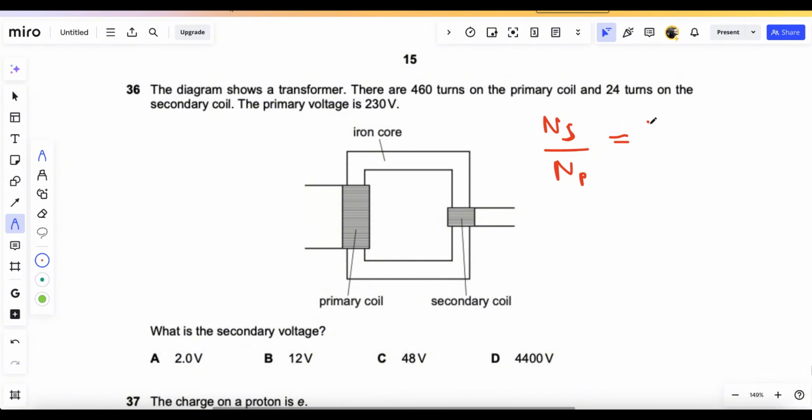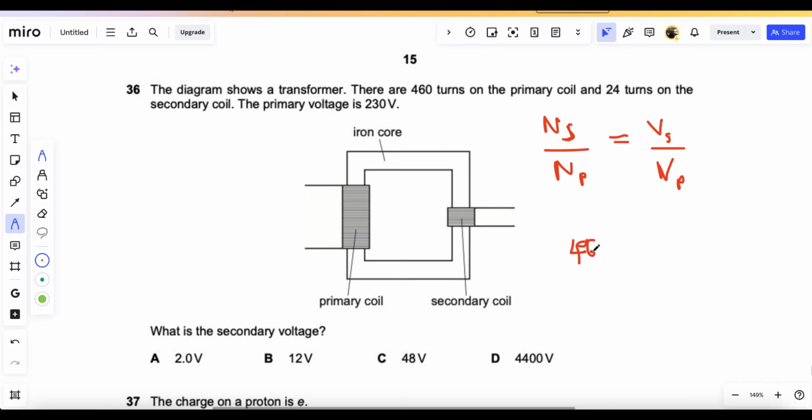So you must write VS over VP if you want to find any of this in the transformer. But if the transformer is 100% efficient, we have another formula for it. Now, the diagram shows a transformer. There are 460 turns on the primary. That's NP, 460. So I have here at the bottom 460.